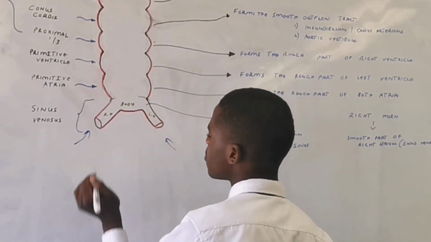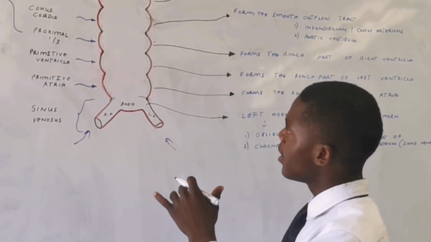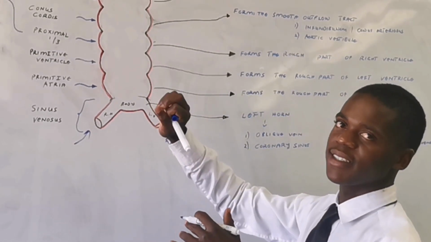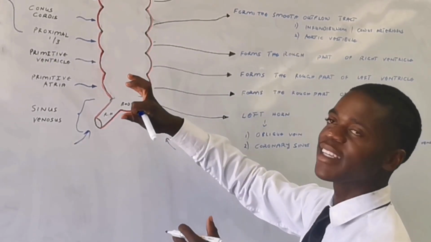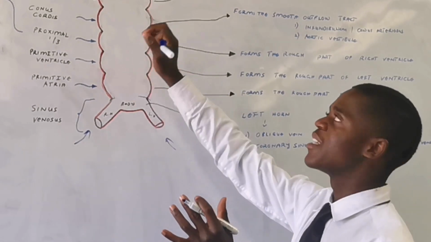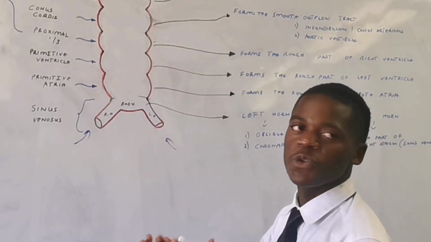So these two valves, dorsocranially, which is a fancy way of saying posterior superior, they fuse.